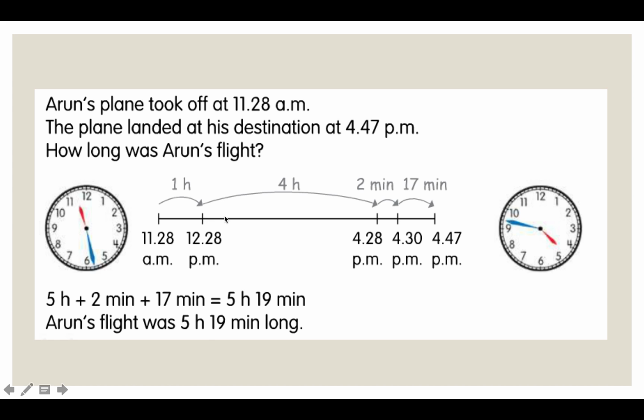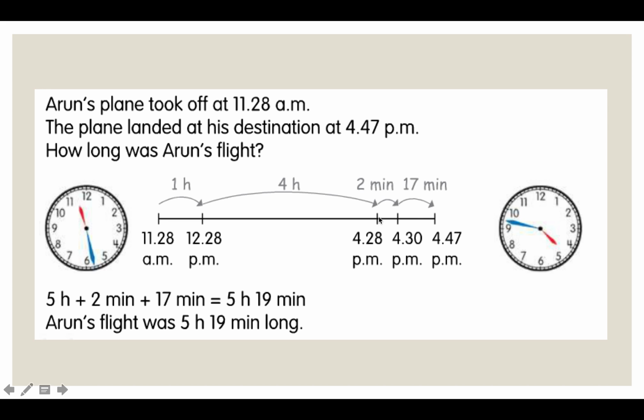Let's go 1:28 p.m., 2:28 p.m., 3:28 p.m. and 4:28 p.m. Now that is 4 hours. We do not want to continue to 5:28 p.m. because it will overshoot the end timing. So we stop here at 4:28 p.m.